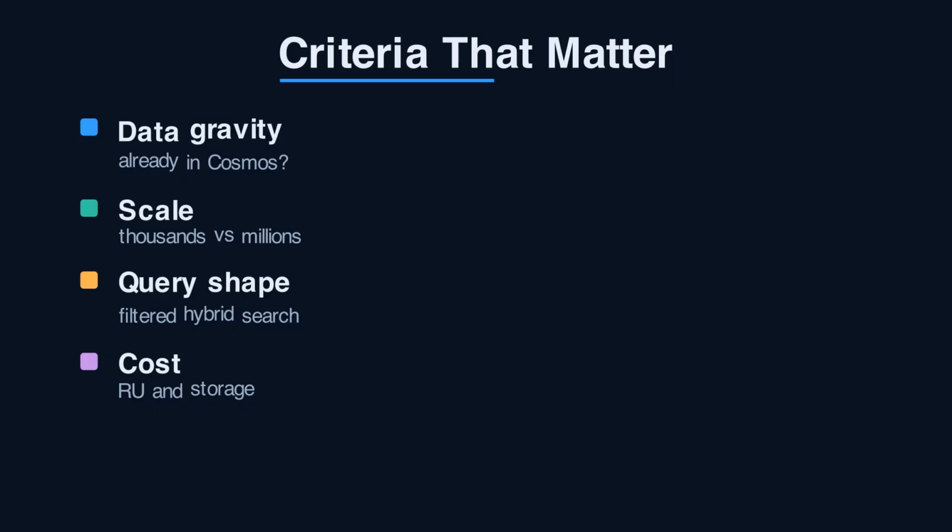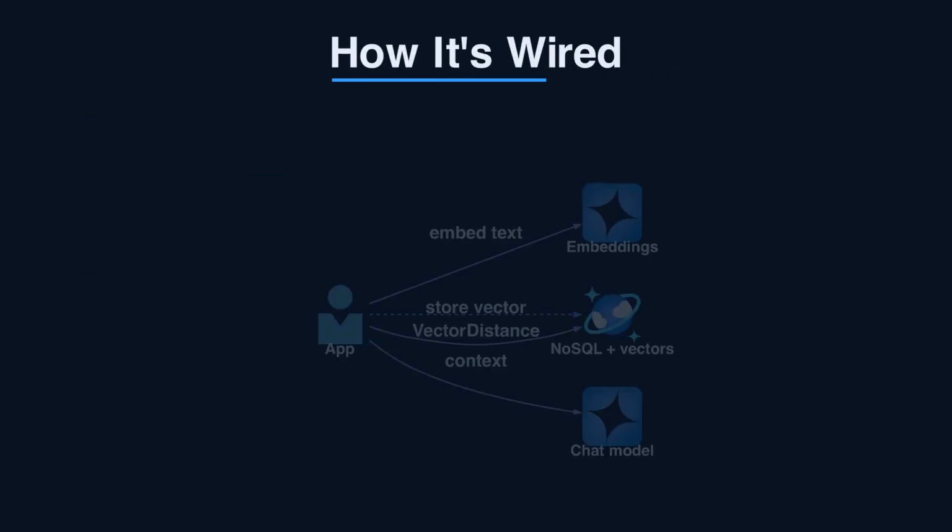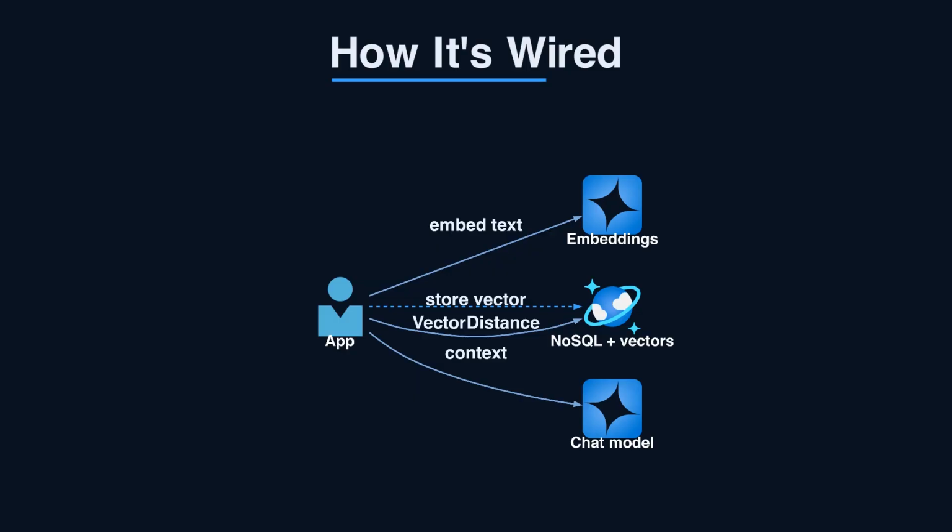Colocation wins when your vectors and operational records are the same documents, because you avoid a second system, dual writes, and sync lag. The flow is straightforward. Your application sends text to Azure OpenAI, calling an embeddings model like text embedding 3 small, which returns a vector. You store that vector as an array property inside the same Cosmos DB document that holds your content and metadata.